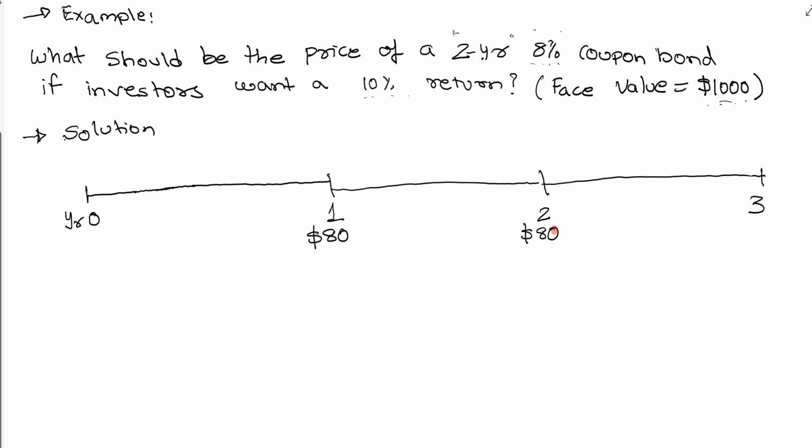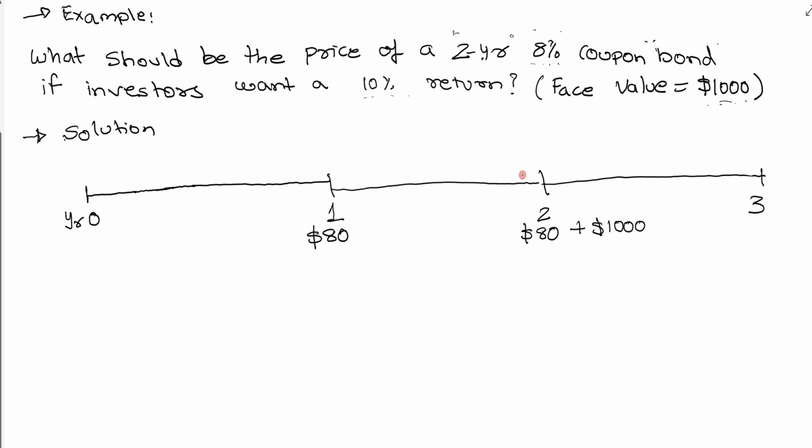Now keep in mind, this is a bond, and every bond has a maturity time for the most part. In this case, the bond is going to mature in 2 years, meaning at the end of 2 years, we are also going to receive our $1,000 face value back, in addition to the $80 coupon payment that we have earned in year 2.